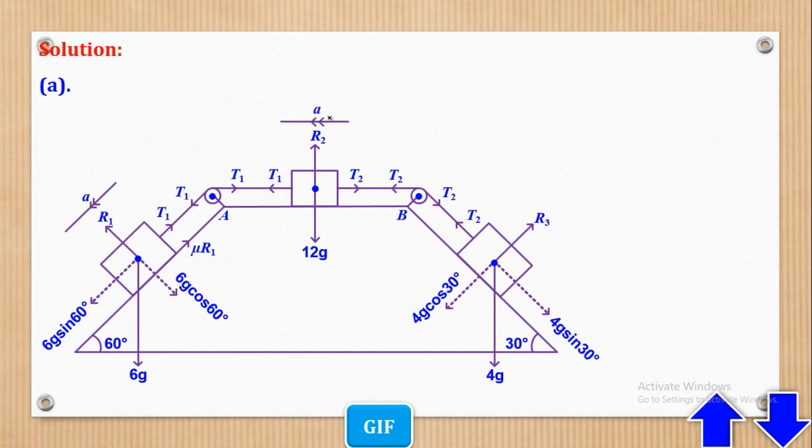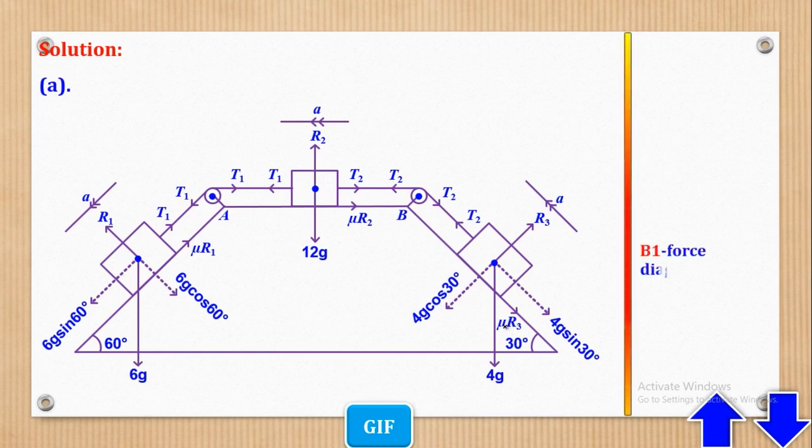It will move to the left, and because it is to the left, friction will be to the right, so we shall put friction to the right, which will be mu R2. So that is for the 12 kilogram mass. What about the 4 kilogram mass? For the 4 kilogram mass, acceleration is up the plane, and because it is up the plane, friction must be down the plane. So we shall put friction down the plane, which will be mu R3.